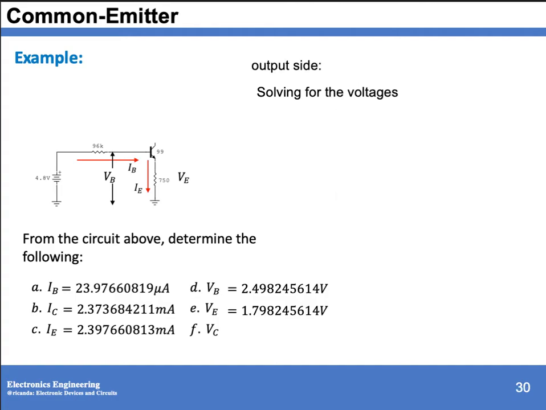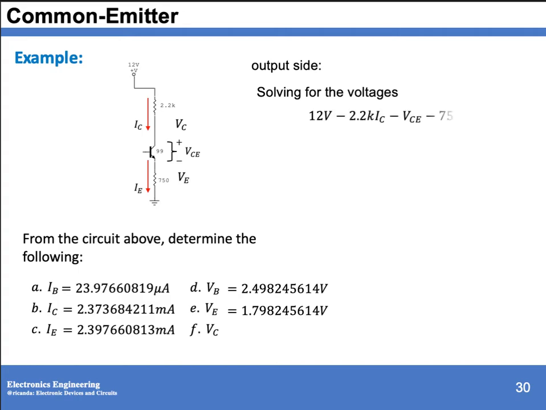Then at the output side, we have your collector voltage with respect to ground. And collector to emitter, we call that one VCE. So applying KVL at the output side, we have 12 minus 2.2K IC minus voltage base emitter minus 750 IE.